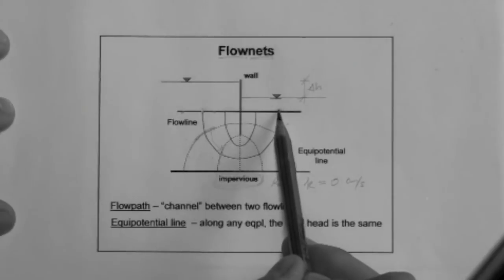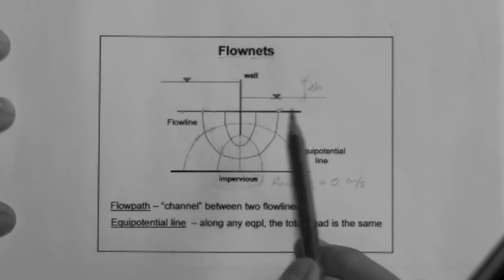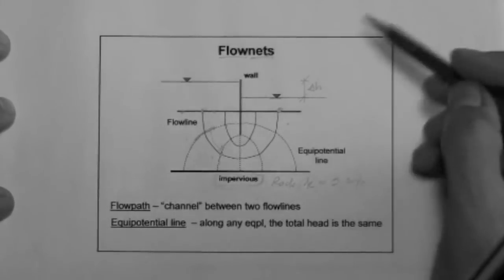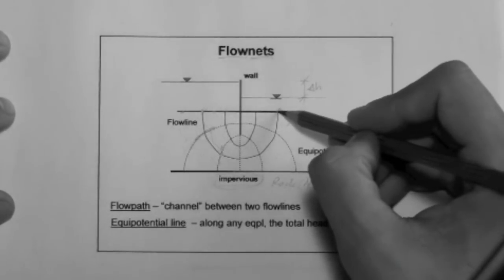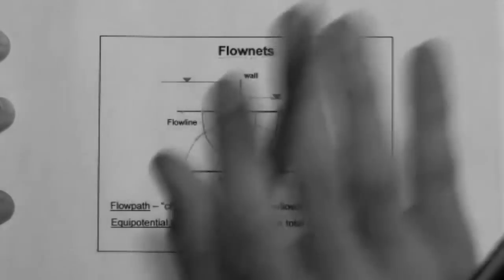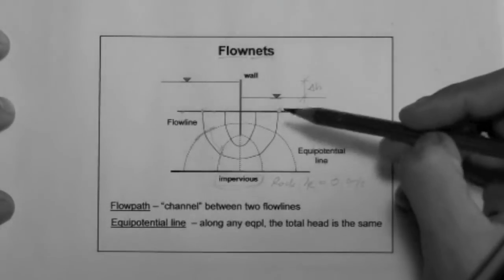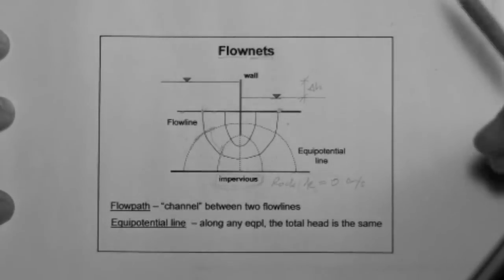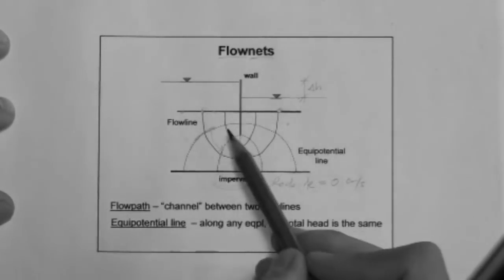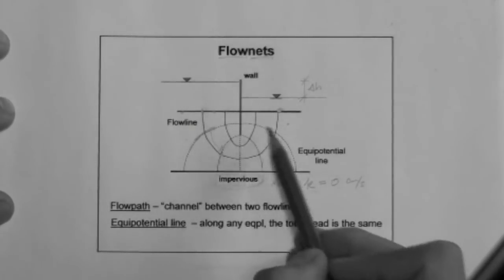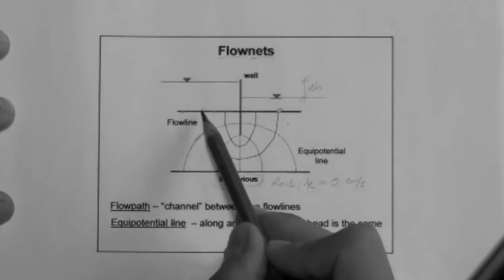But clearly the total head here is not 0. We will see that later on when we actually do an example. We'll see that the total head at this point cannot be 0 because there's water above it. But just for the sake of understanding for now what the equipotential line is, you can think of them as stations along the way of a marathon.